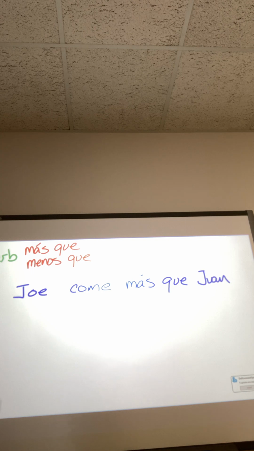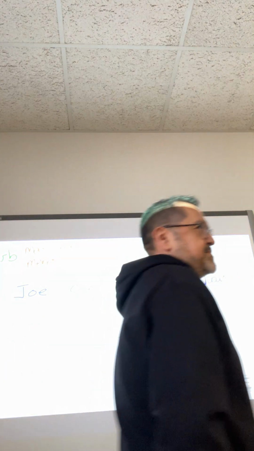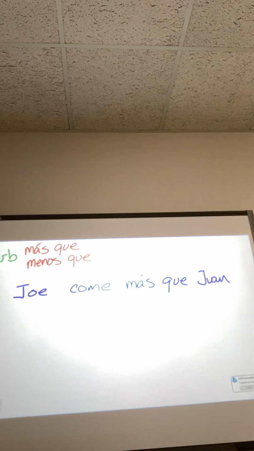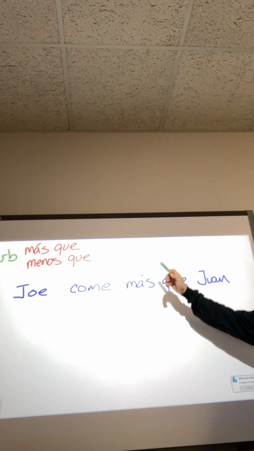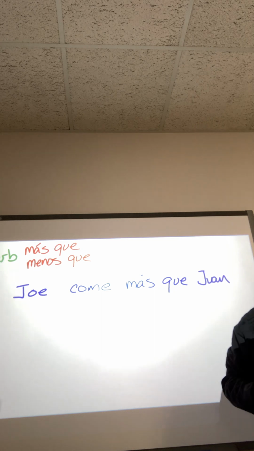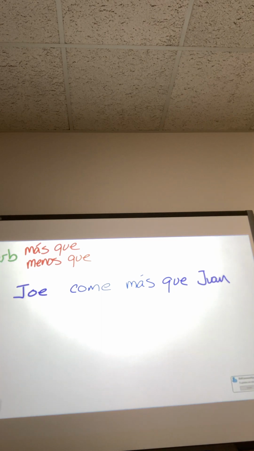Because then we have unequal comparisons with verbs. In this case, we're talking about somebody doing more of something or less of something than someone else. You always have the verb first, and then you add either más que or menos que. So, Joe come más que Juan.